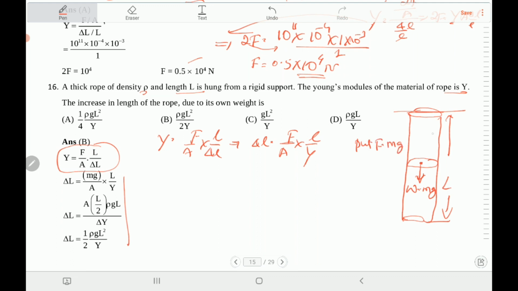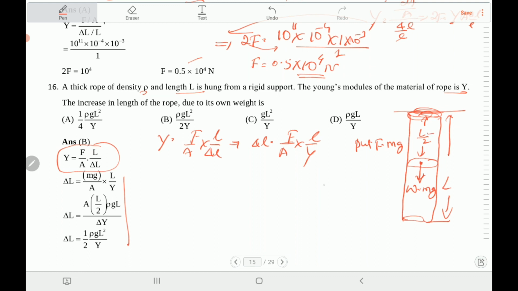The string is experiencing a pulling force down at this point, the center of mass. So this portion of the string experiences an increase in length, as if somebody is pulling down with a weight mg. So force applied is mg, and length in which the extension takes place is L by 2.